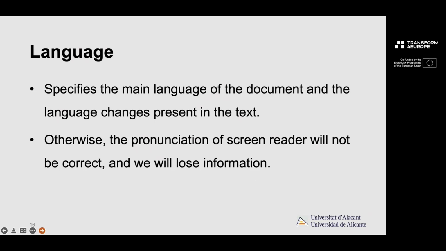Next, our next topic is the use of language. We have to specify the main language of the document and the language changes present in the text. Otherwise, the pronunciation of the screen reader that blind people use will not be correct, and we will lose information.